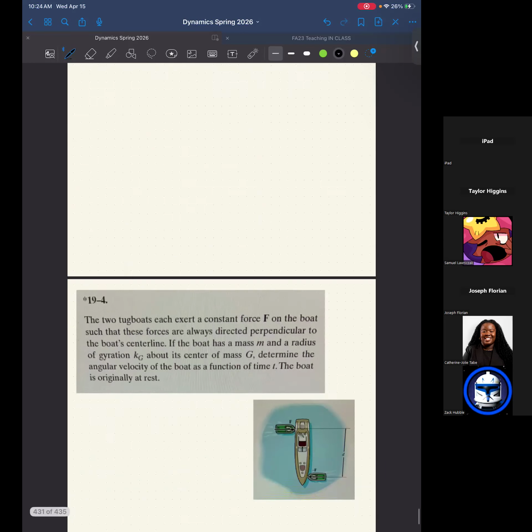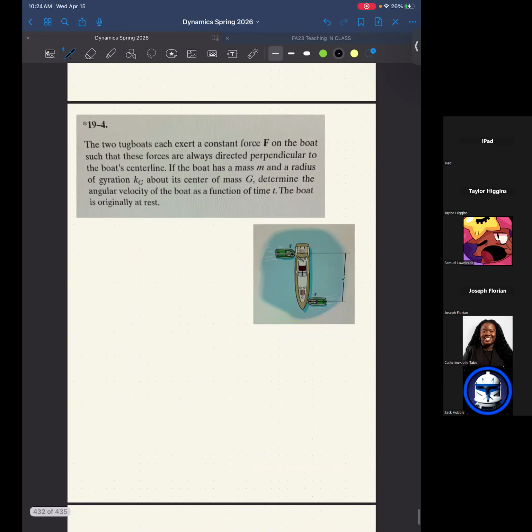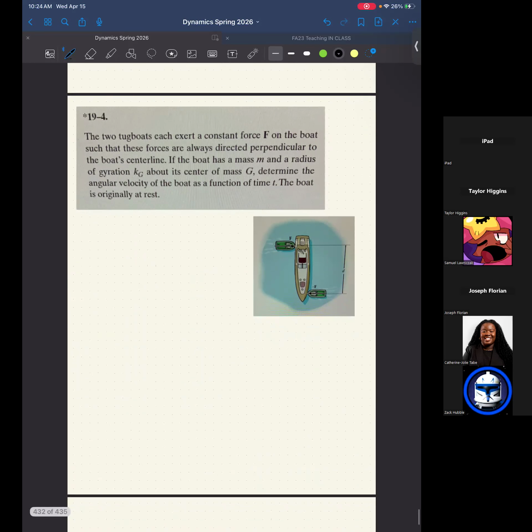Okay, moving on. I have 3 problems for us for today. This one should be a pretty simple one for our first rigid body impulse momentum. So the 2 tugboats each exert a constant force F on the boat such that these forces are always directed perpendicular to the boat's center line.